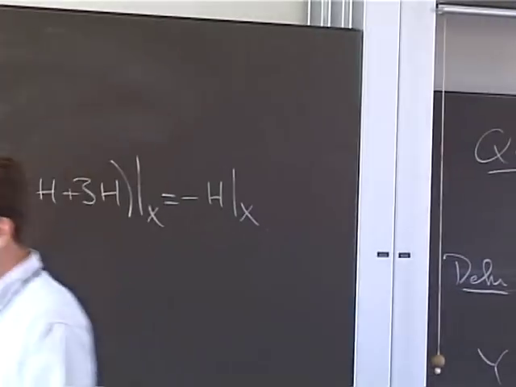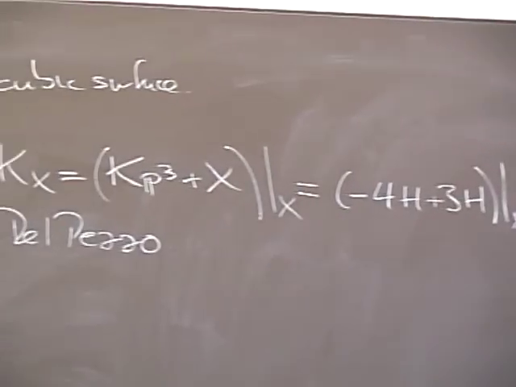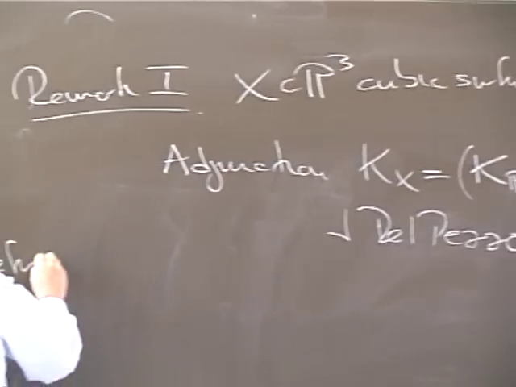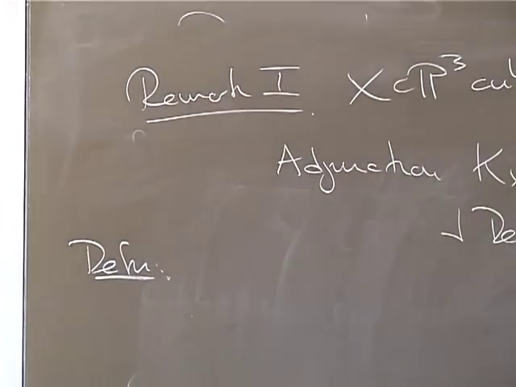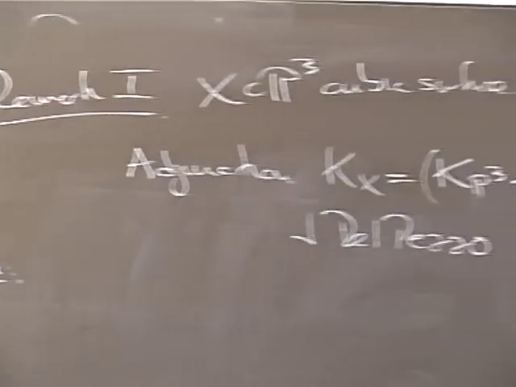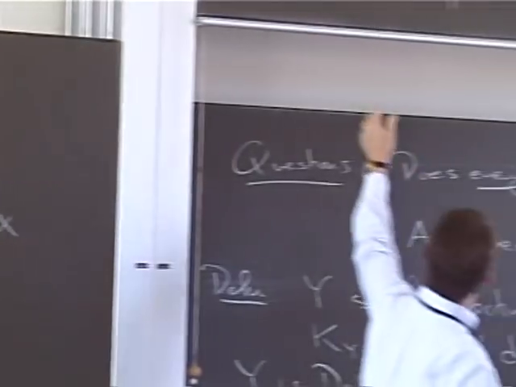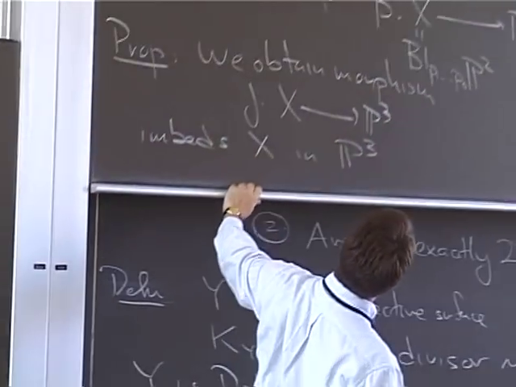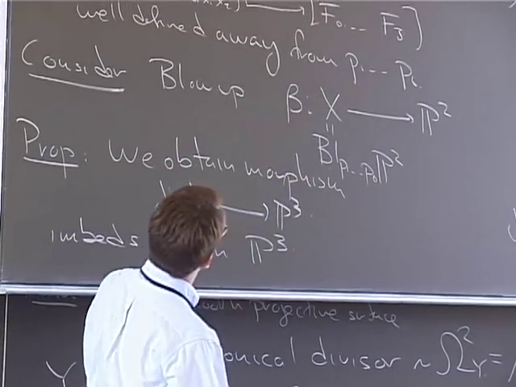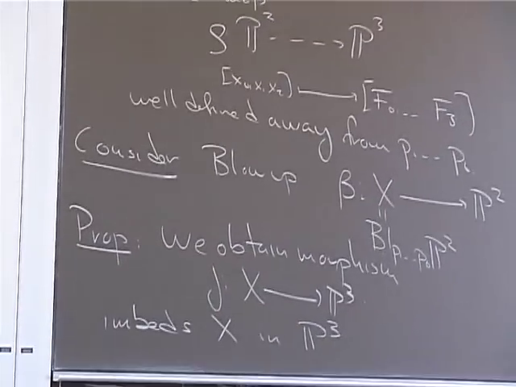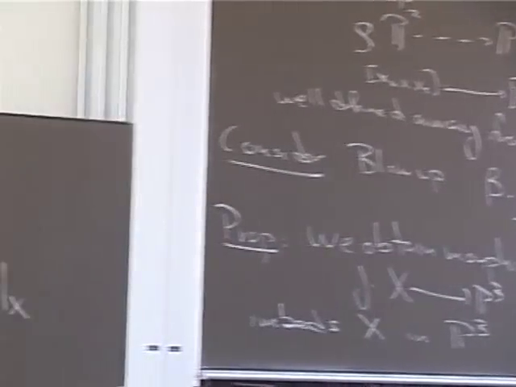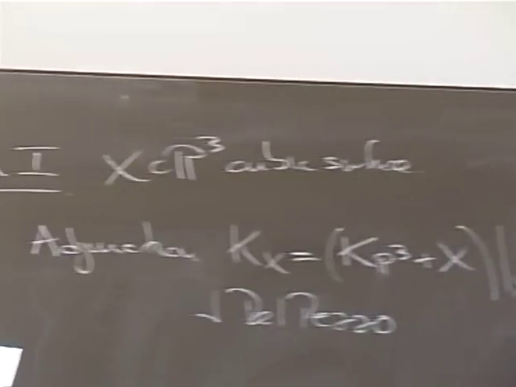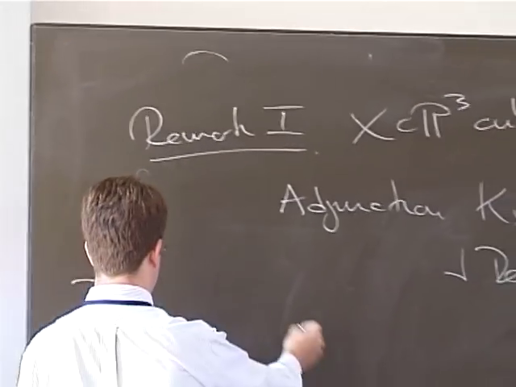Now, one thing I should mention about del Pezzo surfaces is that, well, we just saw there's all these nice curves. They have self-intersection minus 1. And these are so useful that we're going to abstract this definition so it can be used in general contexts.